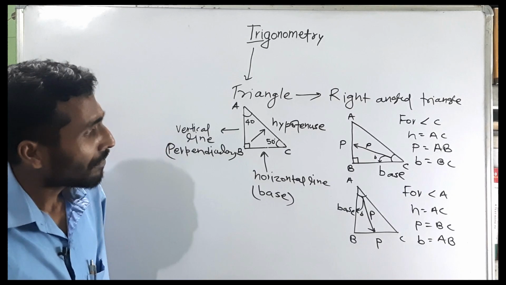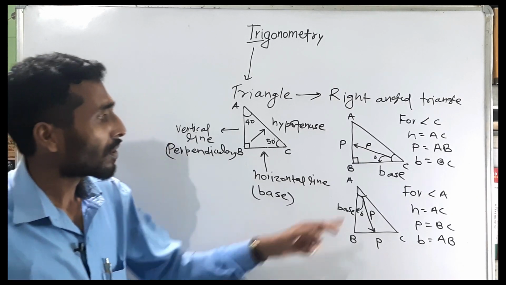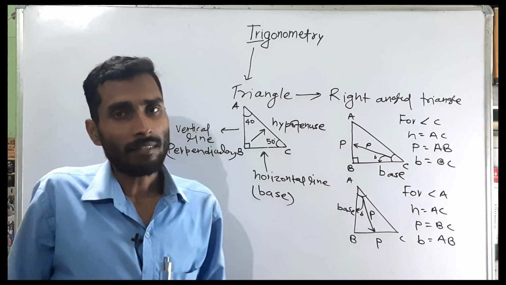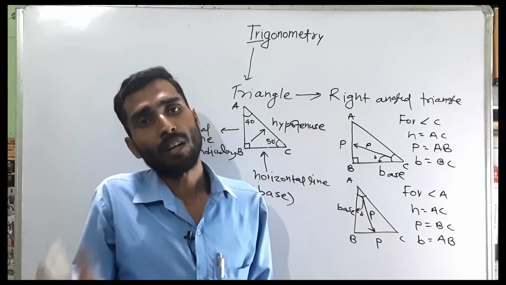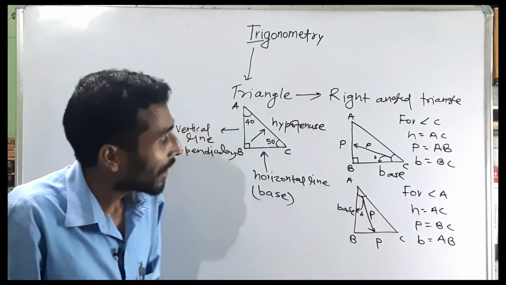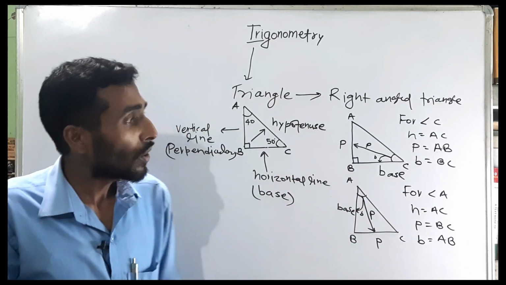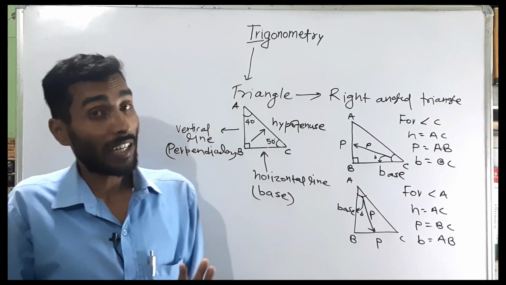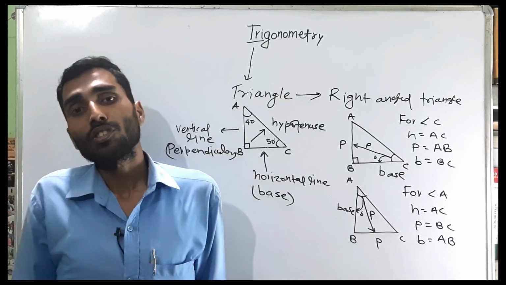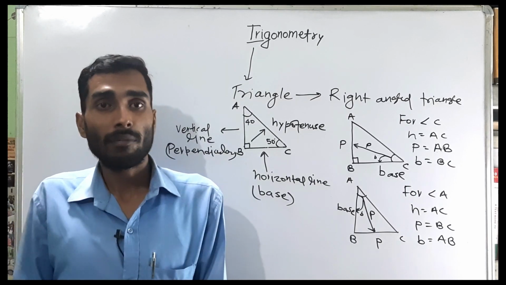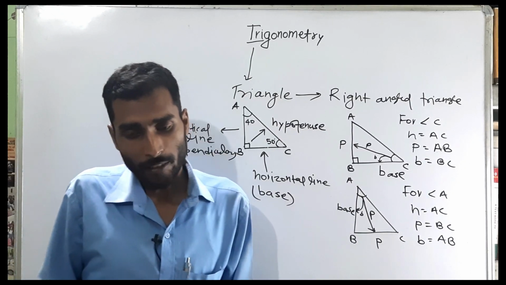Now if we talk about a particular angle, this one C, the same properties will hold for angle A also. So now we'll discuss a particular acute angle, and all the things will apply to the other acute angle also, right?